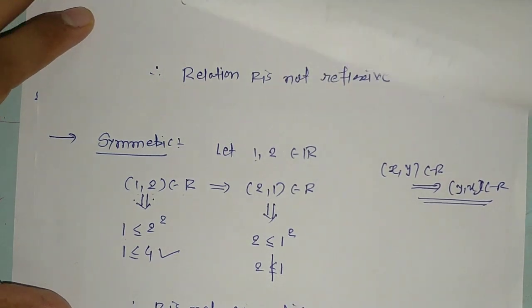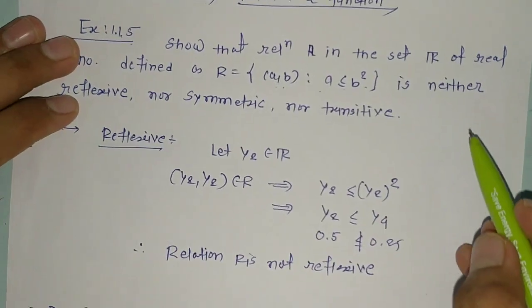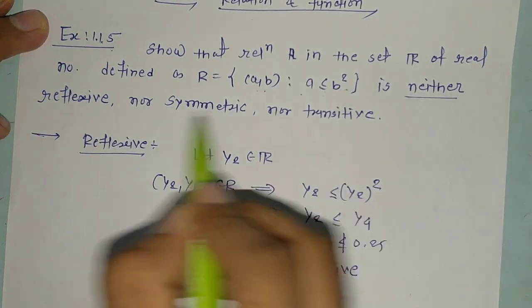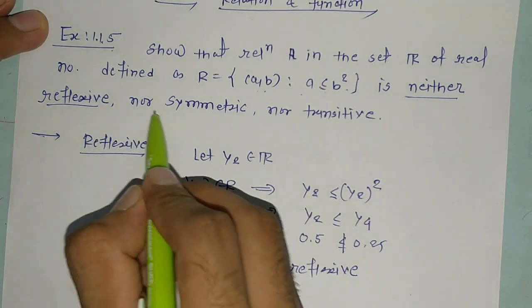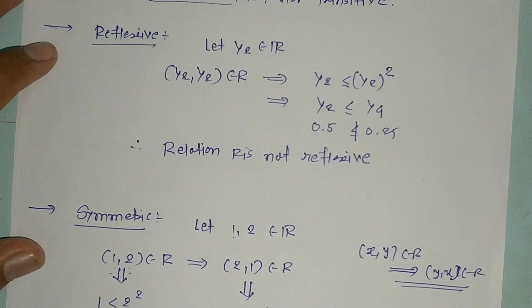Now the third property that we have to check. We have proved that the relation is neither reflexive nor symmetric. The last portion is we have to prove that the relation is not transitive.